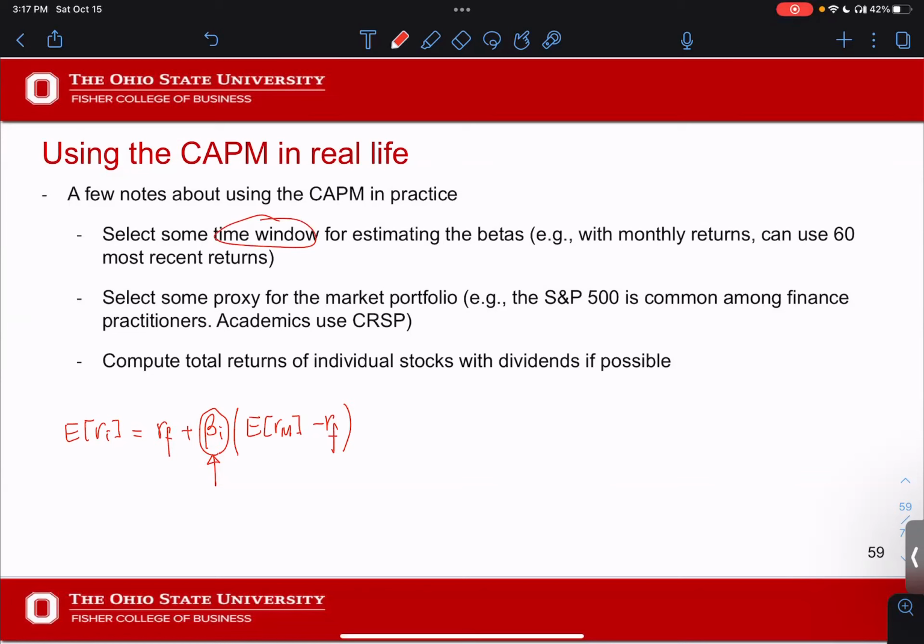Okay, so for example, if you want to estimate the data, what kind of time range do you use or should you use? If you use too wide, say from 1920 to today, you have a lot of data, but it might not reflect the most recent features of the stock. And if you use too narrow, for example, you just use previous 1 year return.